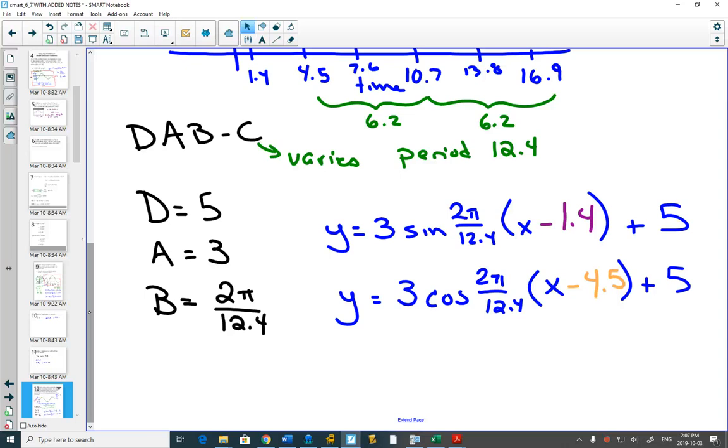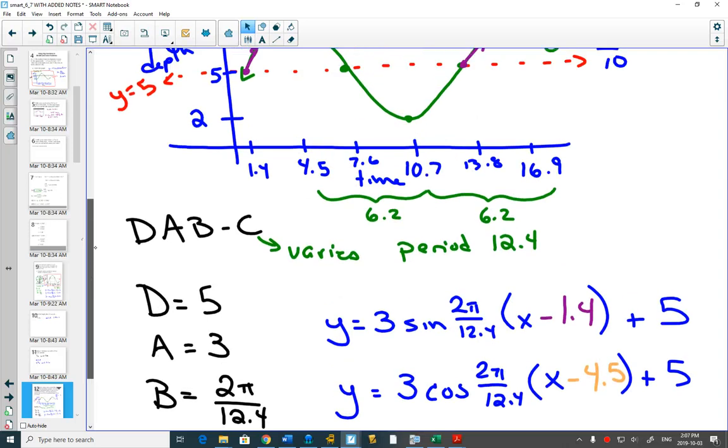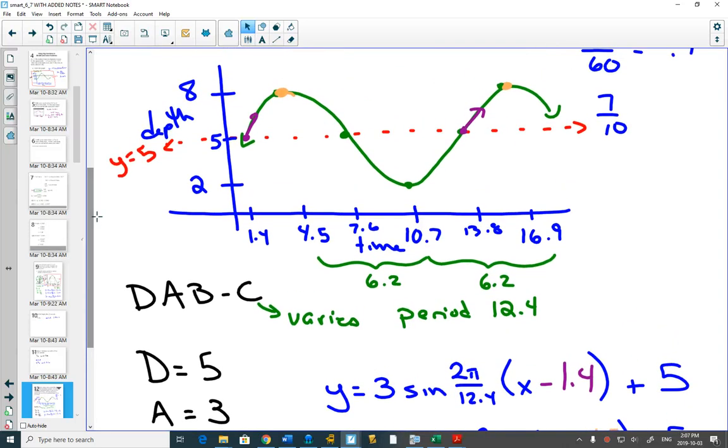Part B says estimate at 1:30 p.m. Where does 1:30 p.m. show up on our scale here? The 4.5 was 4:30 a.m. Where's 1:30 p.m. going to show up?